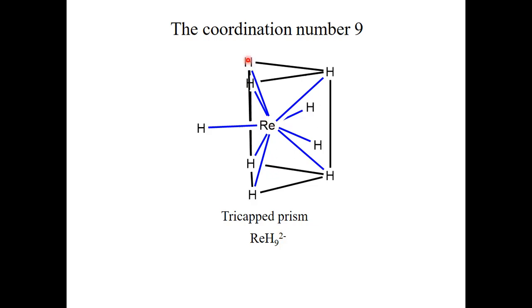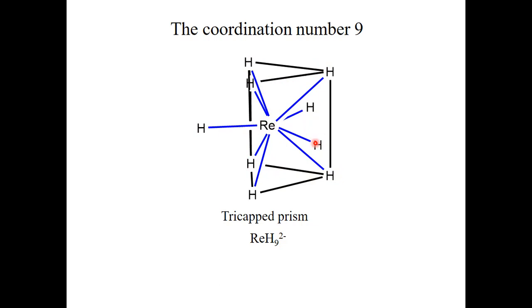So you see that here are 6 of the hydrogens. These 3 and these 3 make the prism, and then there are 3 other ligands. This hydrogen and that hydrogen lie above the square faces of that tri-capped prism.